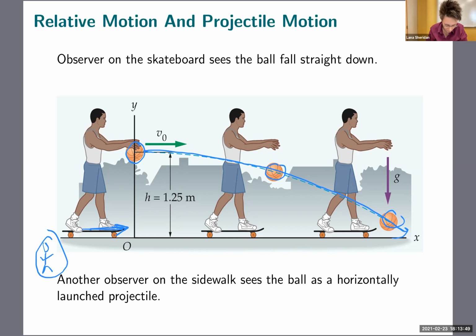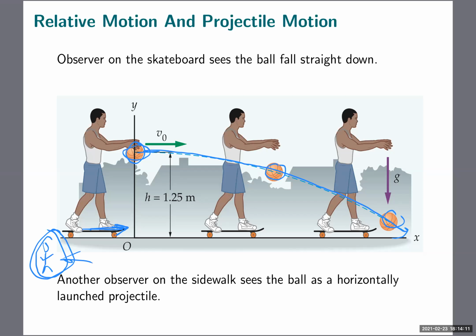But relative to her, relative to the sidewalk, he's in motion with some initial speed v0. So are his hands, and so is the basketball when it's dropped. So from her perspective, the basketball is launched to the side with an initial speed v0, and then it follows this parabola.